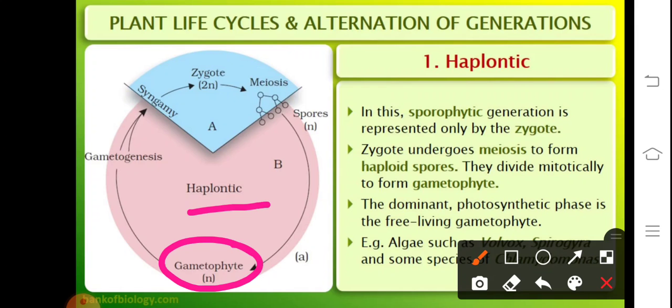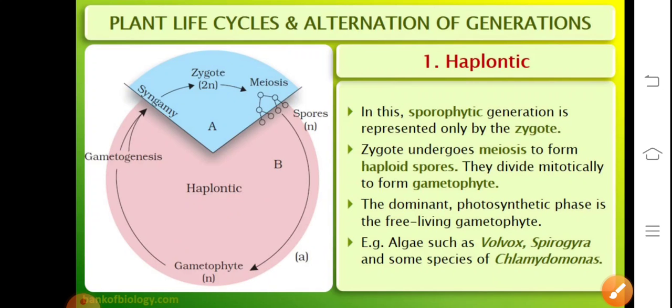It bears the antheridia and the archegonia, which produce the antherozoids and the egg, which fuse to produce the zygote, which develops into the embryo. So the dominant phase is the gametophyte and the sporophytic phase or the sporophyte is dependent on the gametophyte.